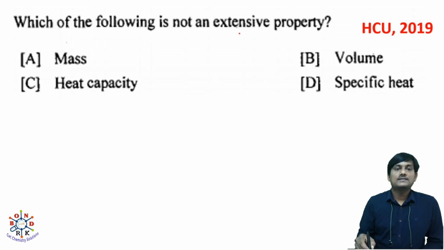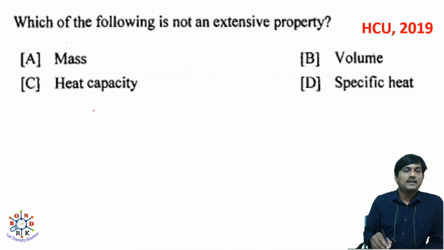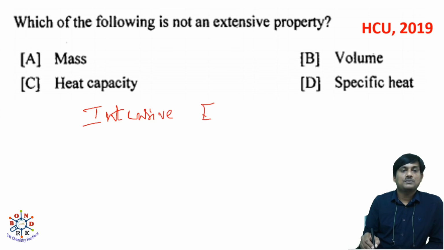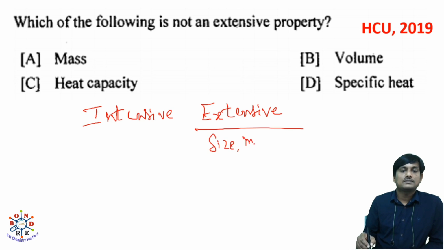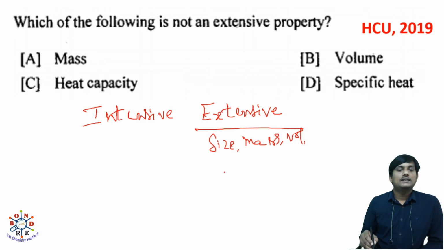Which of the following is not an extensive property? In thermodynamics we have intensive and extensive properties. An extensive property depends on size, mass and volume, and it's an additive property.